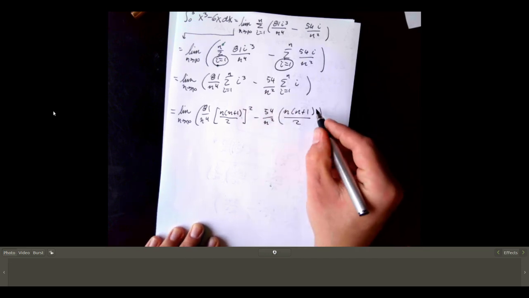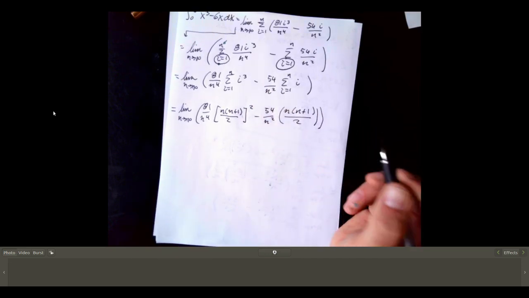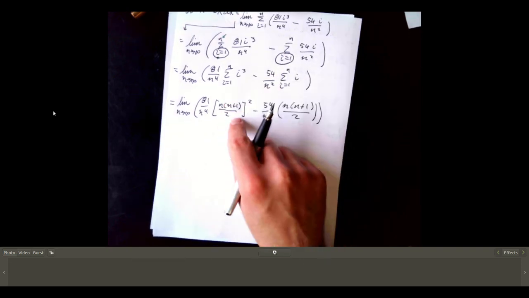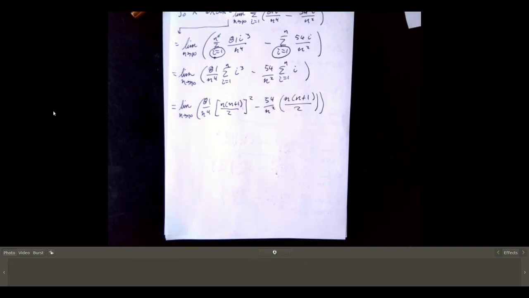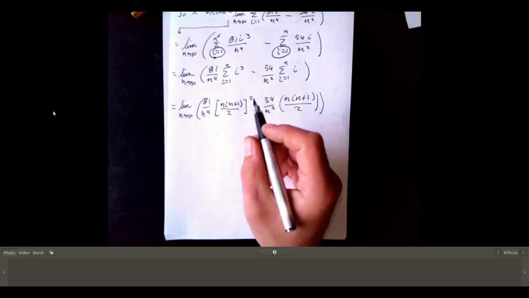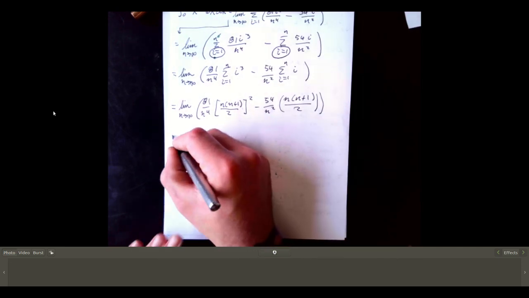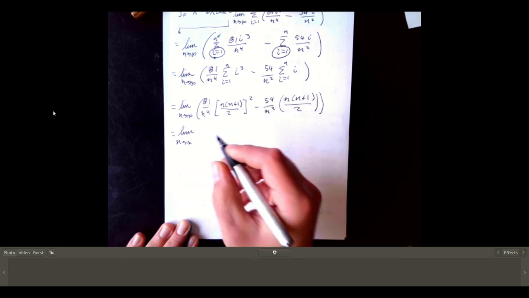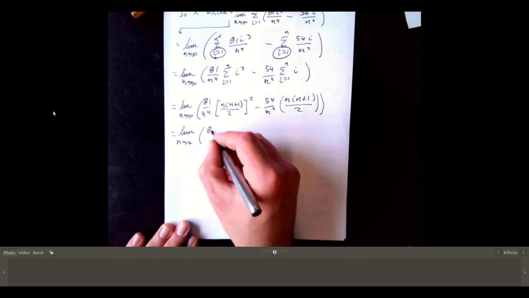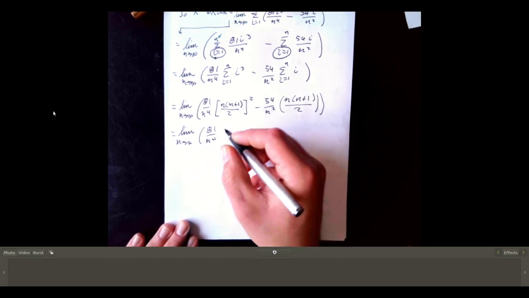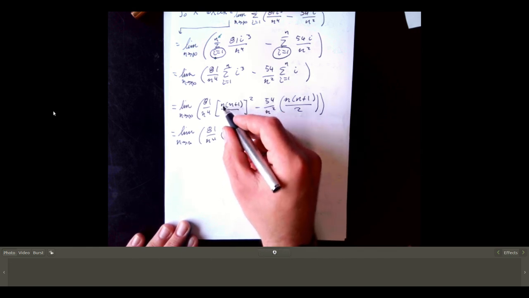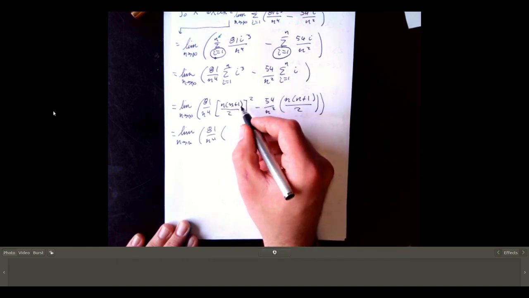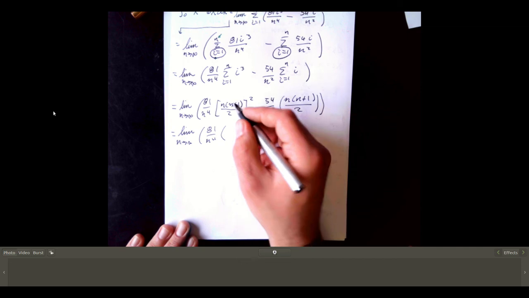And then let's put some parentheses there for good measure. Perfect. So just using those rules that I had a couple pages ago. Now let's simplify. This is equal to the limit as n goes off to infinity of 81 over n to the fourth times, this would give us n squared plus n squared.